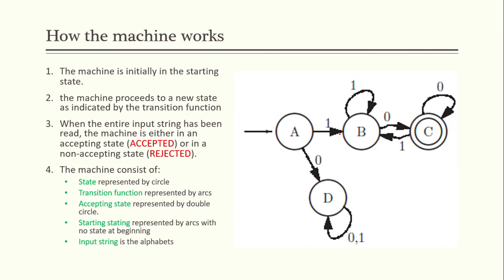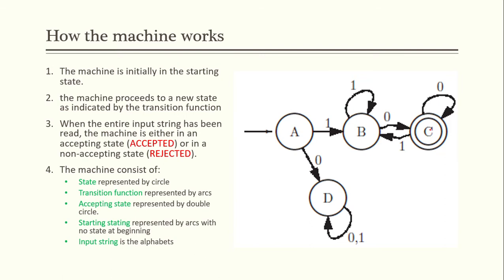When you have an input string, for example 1011, when you come to the last digit of the input string and it reaches the accepting state, in this case C, it means that the input string is accepted.